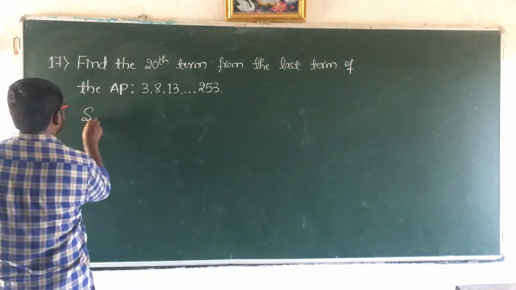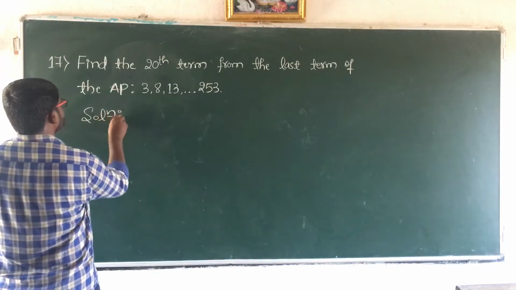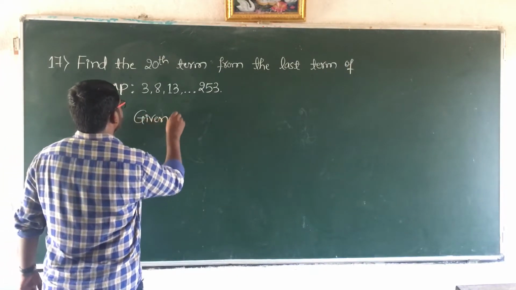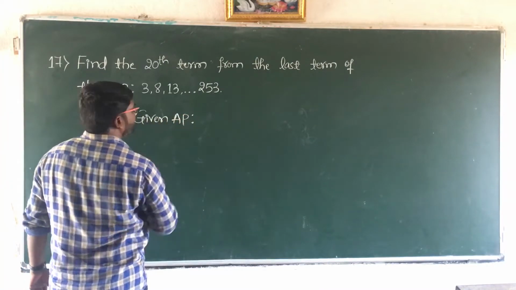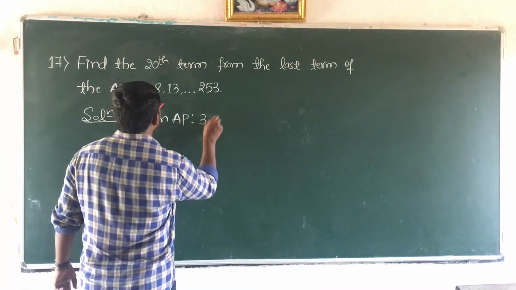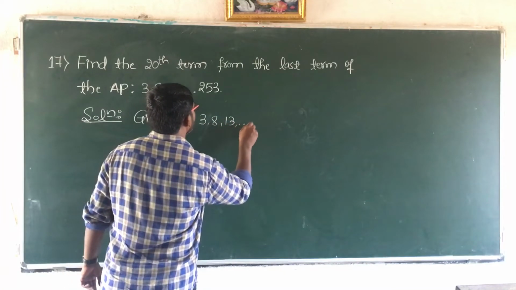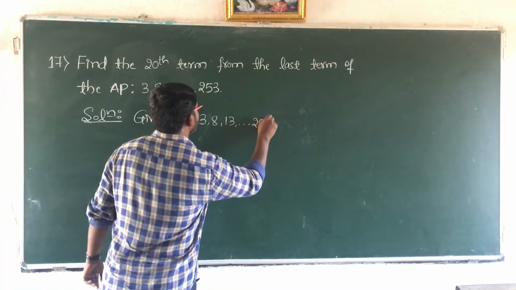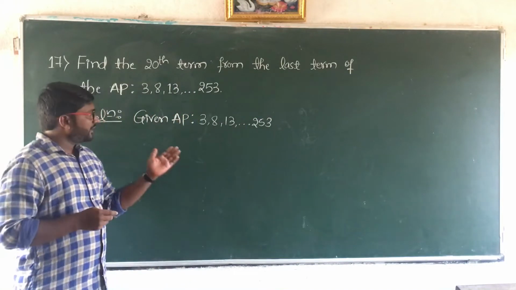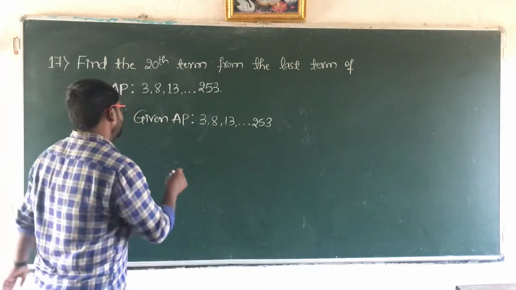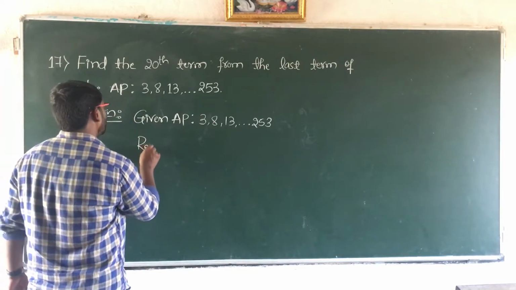Now first I will write the given AP: 3, 8, 13 and so on up to 253. Now I am going to rewrite this AP from the last term.